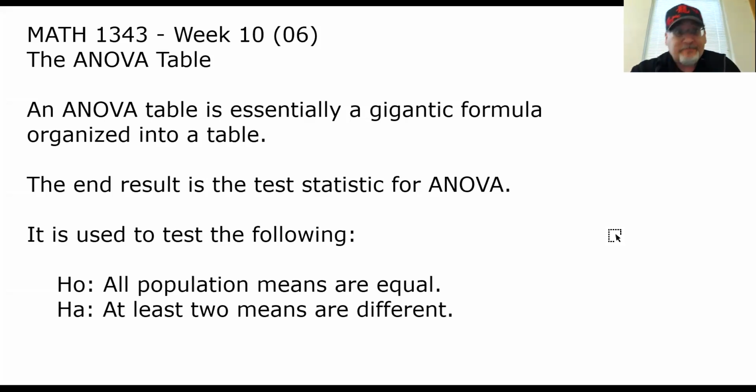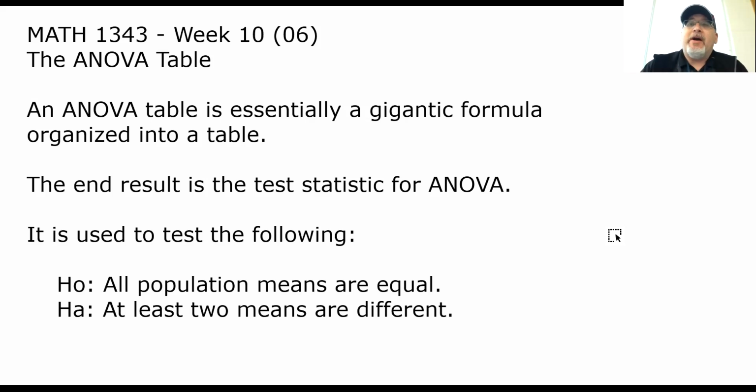All right, so we've talked quite a bit in theory about analysis of variance and the fact that we're testing multiple population means to see if they're equal, as opposed to at least two of them being different.